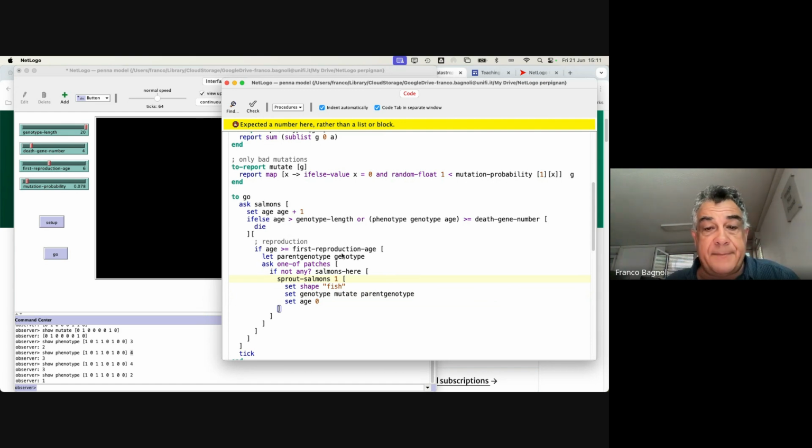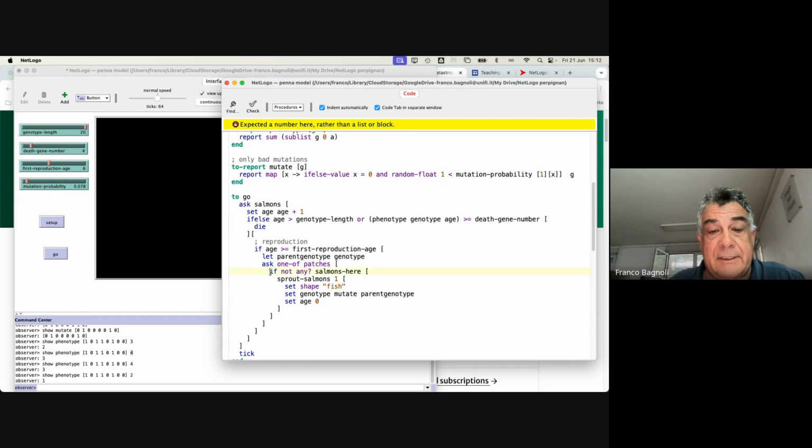So if they survive, if they have reached the reproduction age, this is just for saving the genotype of the parent, and then they choose one of the patches. This also makes a constraint on the total number of salmons, otherwise they can increase exponentially.